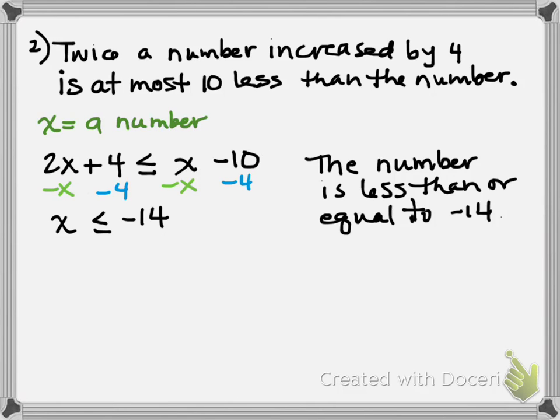Okay? All right, good. Let's go and talk about lesson 5.2. Let's see what a word problem would sound like in that one. That's where we were using multiplication and division.